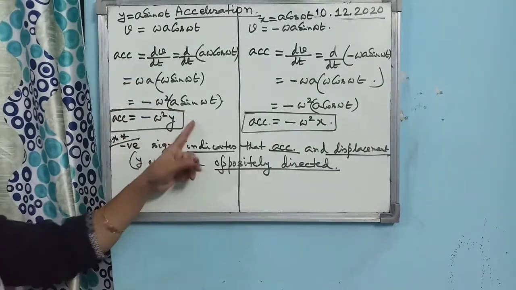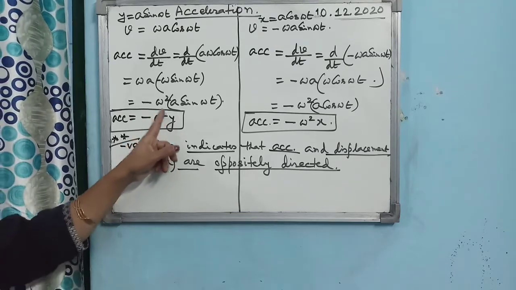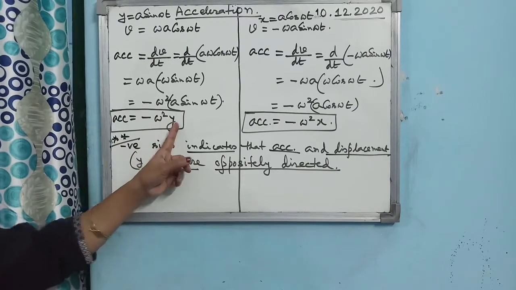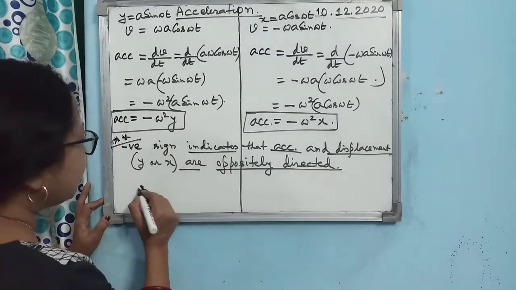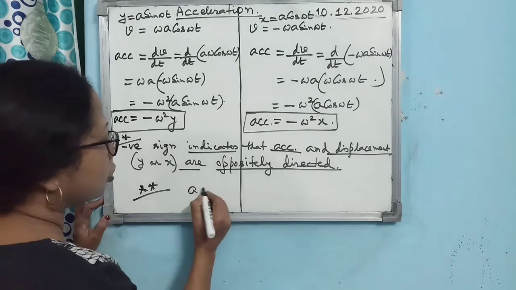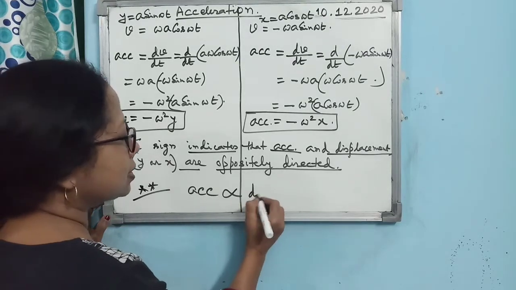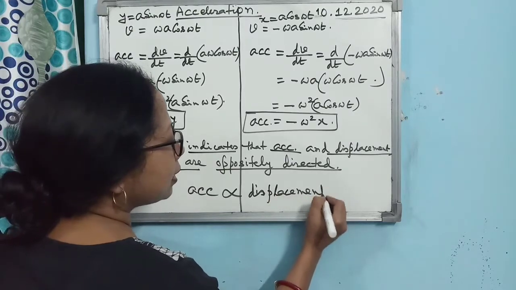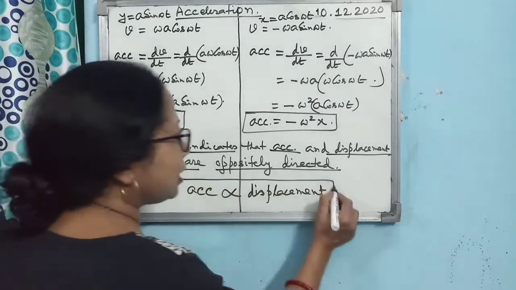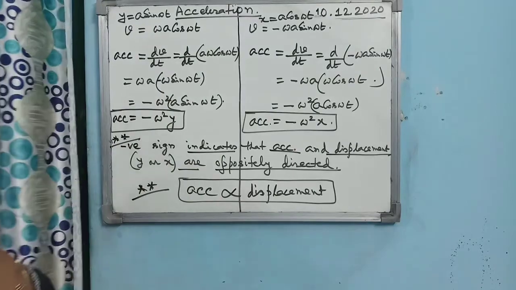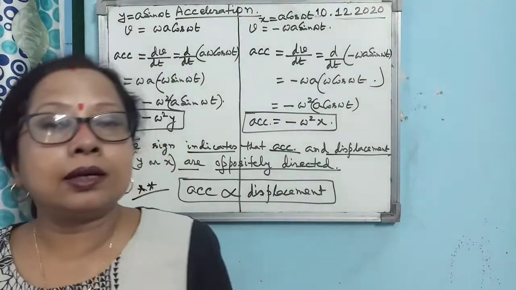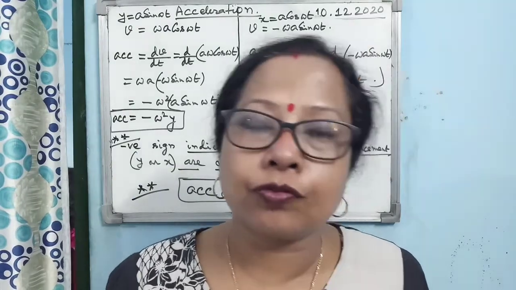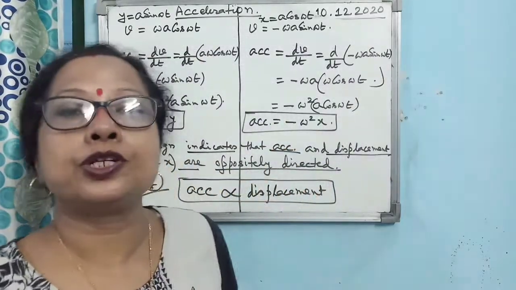Alright. Another point, you just look at it. Omega square is a constant quantity. So acceleration is some constant times displacement. So what is another important conclusion one can draw? That acceleration is directly proportional to the displacement. Remember, that was the second characteristic I mentioned at the beginning of the class, the characteristics of SHM: acceleration or the restoring force is always directly proportional to the displacement.